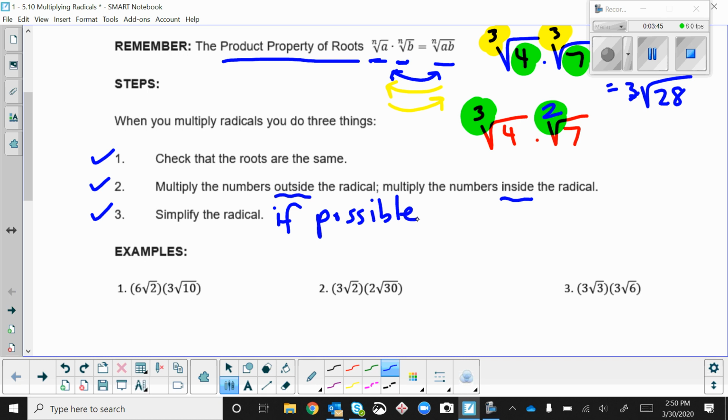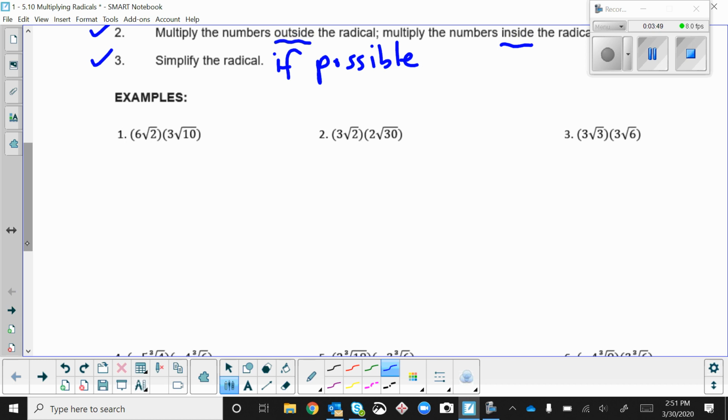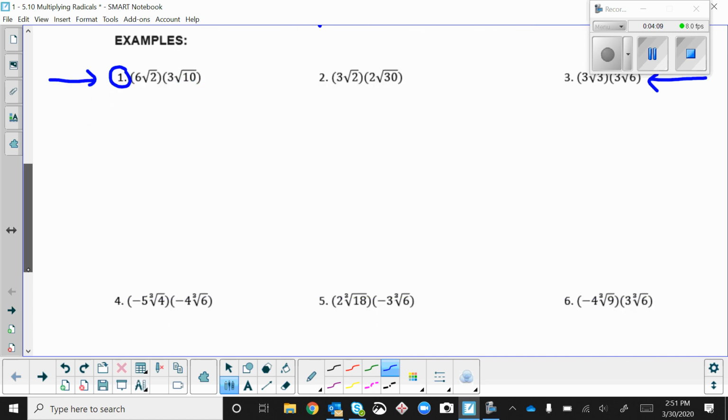So something I want to tell you, I kind of combined our notes and practice problems today into just one sheet. These first 3 problems going across here from left to right are all square roots, okay? I'm going to work 1 for you, and then you'll have time to work 2 and 3 by yourself after the video.